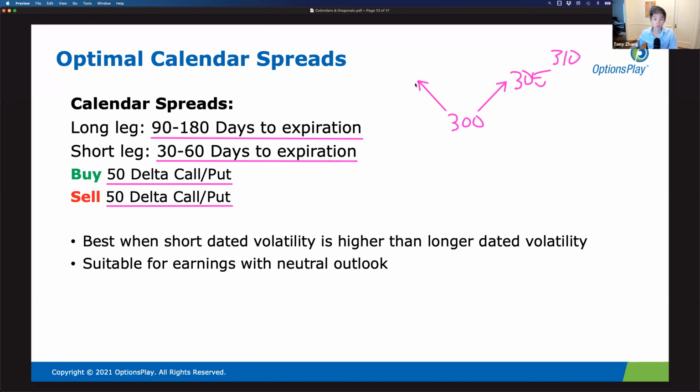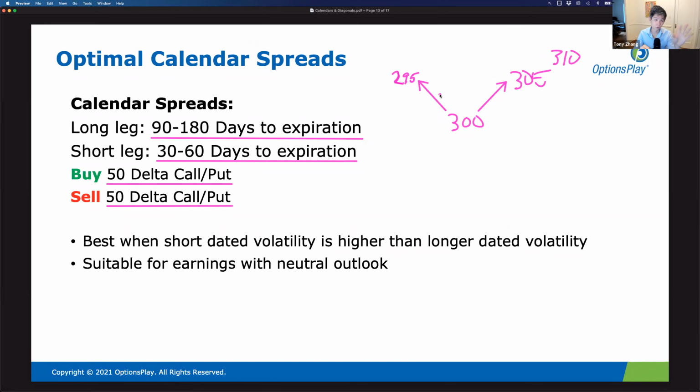Or if you think it's going to drift down to, let's say, 295, you can sell the 295 put calendar spread, depending on which way you think the stock is going to drift. If the stock is just where it is at $300 and you think it's going to stay at $300, it doesn't really matter whether you trade the call calendar spread or the put calendar spread. But if you do think there's a bit of a drift as it goes higher, you're going to trade the call calendar spread.